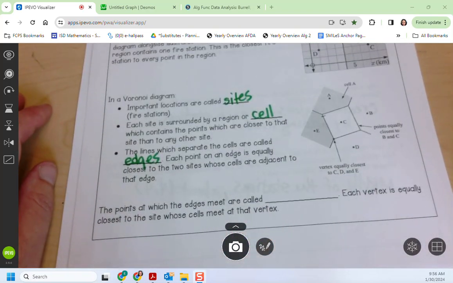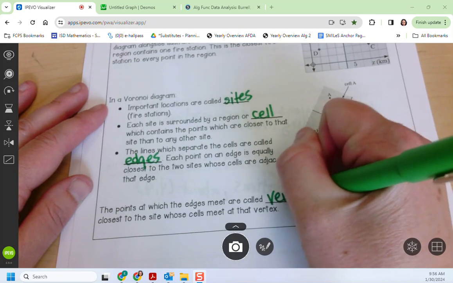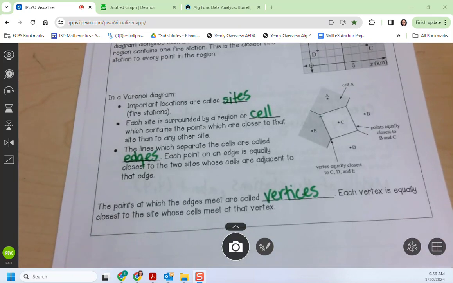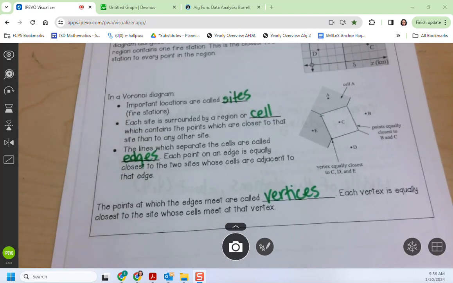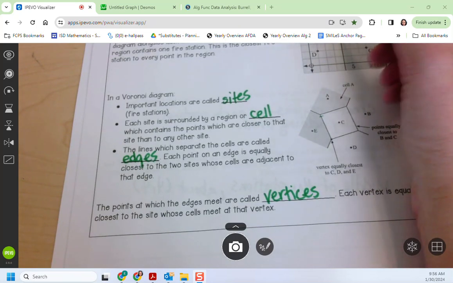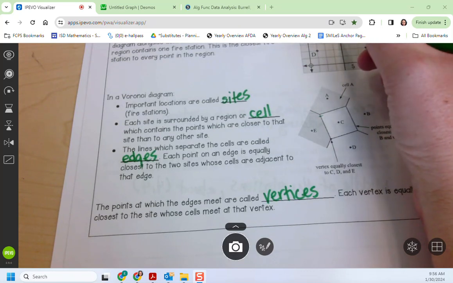And then you might not be surprised to learn that the edges meet at points that are called vertices. So if you're at a vertex, this one's weird because it has this little area between the two, but pretend that they all met at this one vertex.